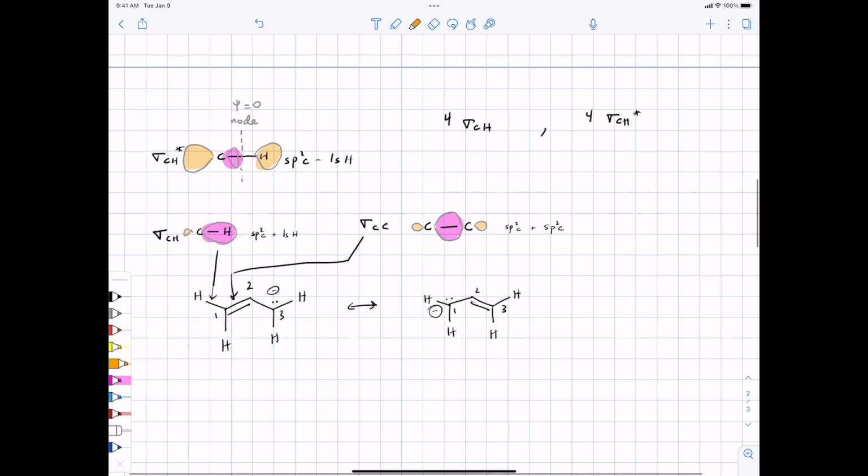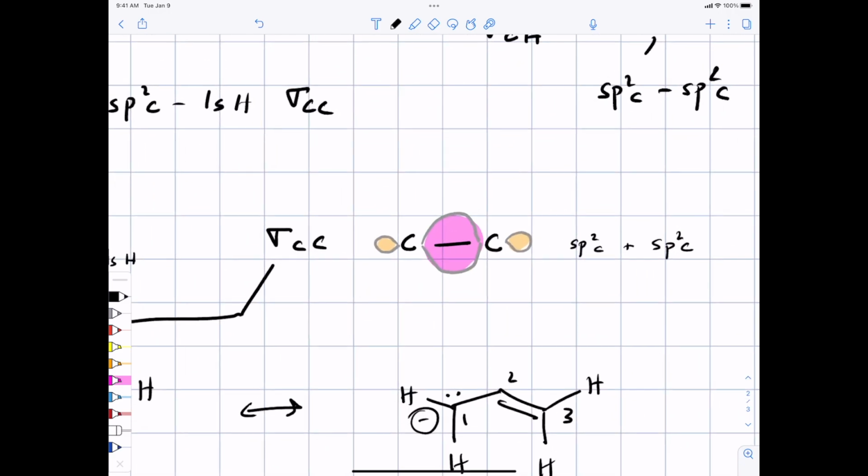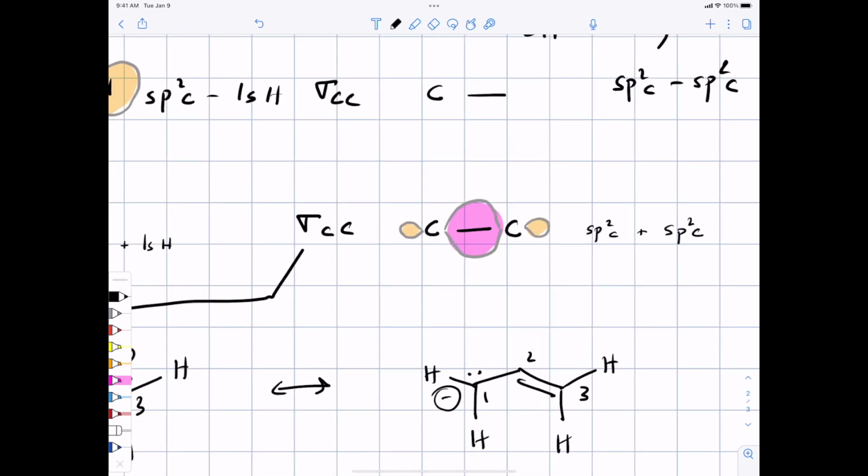You can see we call this a sigma bond because if you rotate one carbon with respect to another, there's not any change in the overlap between those 2 orbitals. We would similarly have a carbon-carbon sigma star antibonding orbital. This is just the minus combination. Subtract 1 sp2 orbital on carbon with the other. Again, the antibonding orbital, which you can always recognize because it has a node between the 2 nuclei.